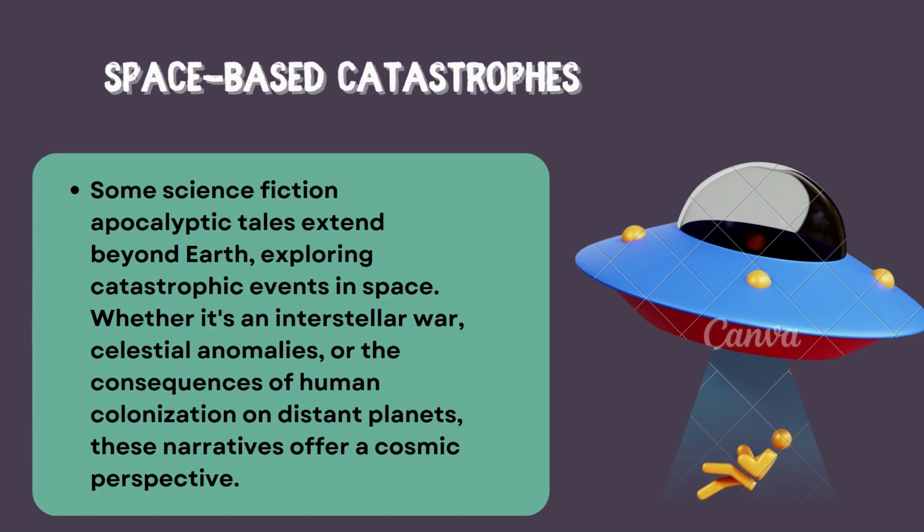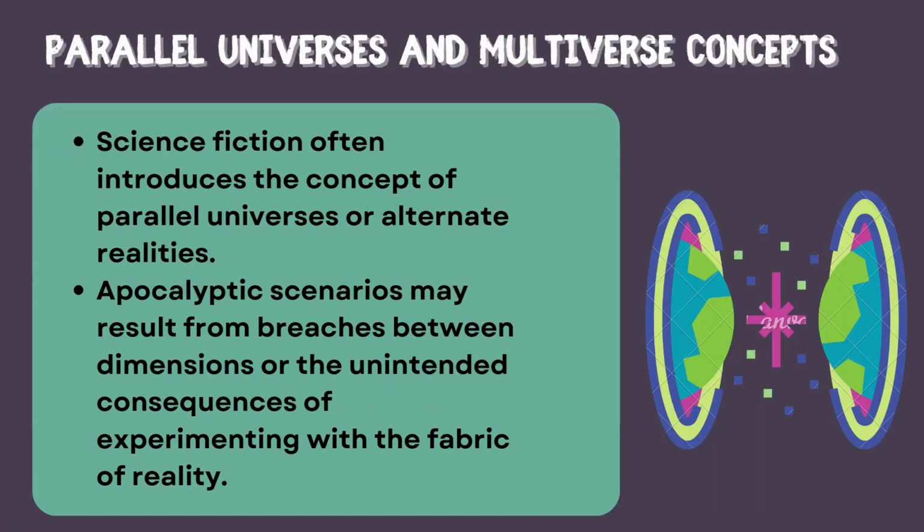So, the third one is parallel universes and multiverse concepts, right? So, science fiction often introduces the concept of parallel universes or alternate realities. And apocalyptic scenarios may result from breaches between dimensions or the unintended consequences of experimenting with the fabric of reality.